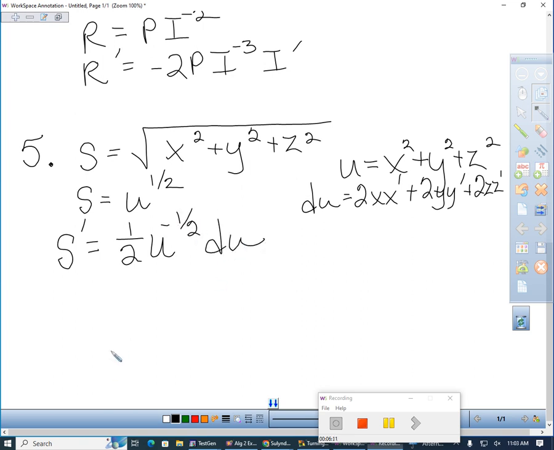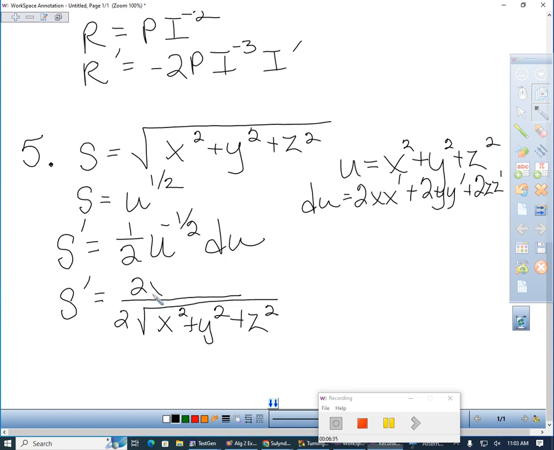So now we have to plug stuff back in and put the u to the negative 1/2 where? Down below, on the bottom. So S prime equals, on the bottom, we have 2 times the square root of u, which is x squared plus y squared plus z squared. On the top, we have du, which is 2x x prime plus 2y y prime plus 2z z prime.